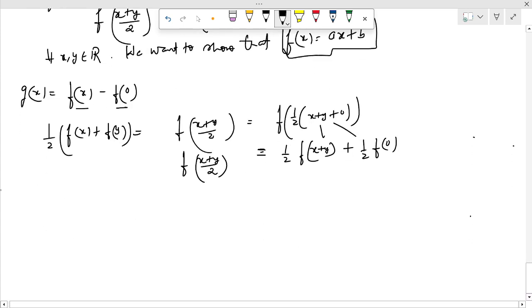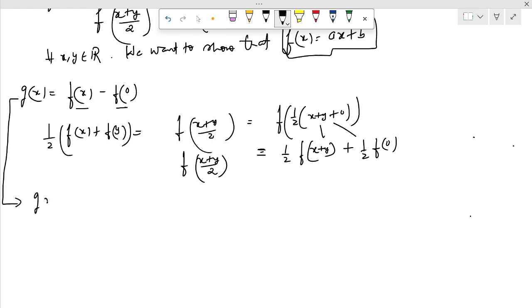Now from the assumption that we've done, g(x) is f(x) minus f(0). I can write that g of (x plus y) will be equal to f of (x plus y) minus f(0). What is f of (x plus y)?